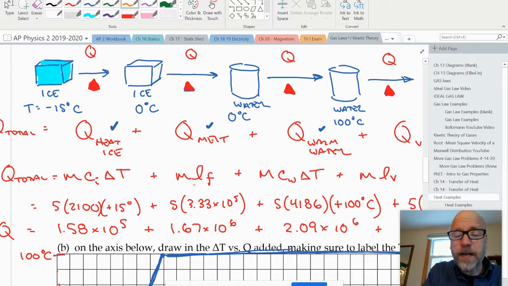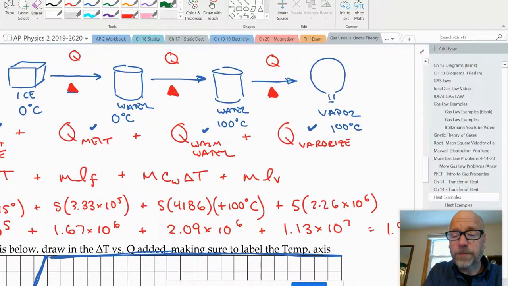The heat necessary to undergo a phase change from solid to liquid is also on the front of the paper. 3.33 times 10 to the 5th joules is the latent heat of fusion for water. Then that same 5 kilograms is going to have the specific heat of water, because now it's in a liquid phase, times the change in temperature, which is 100 degrees Celsius.